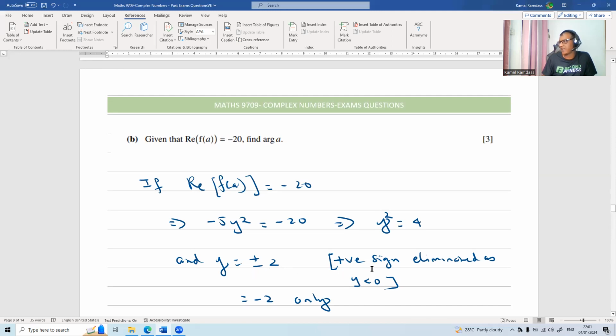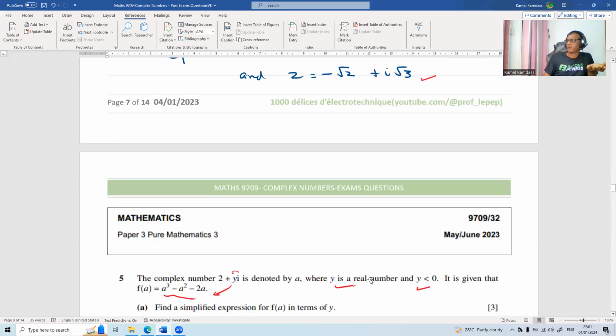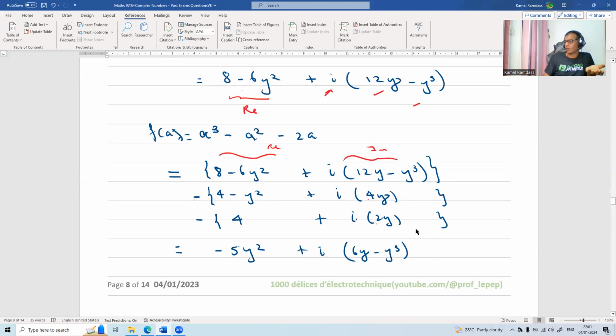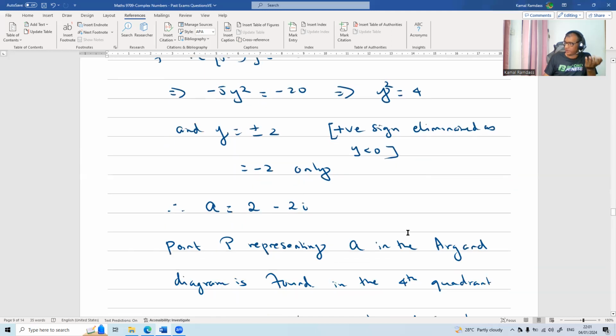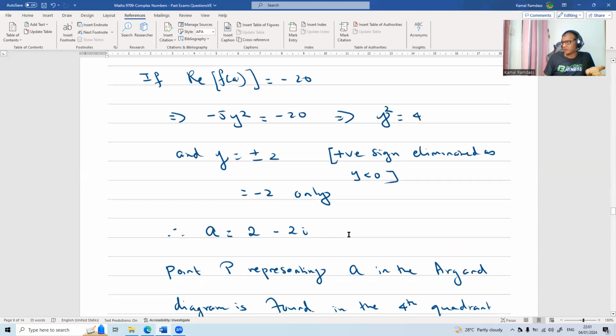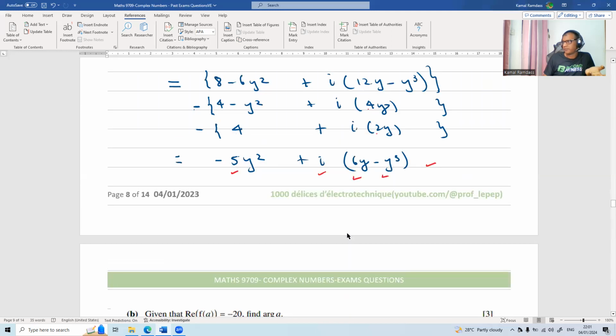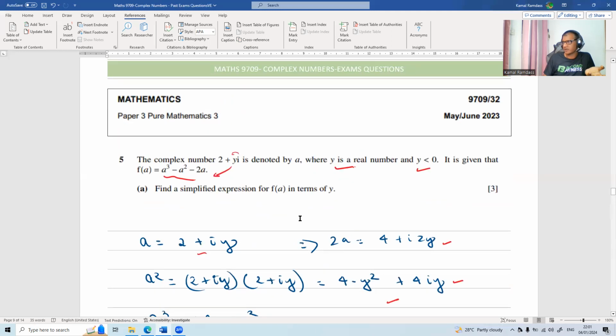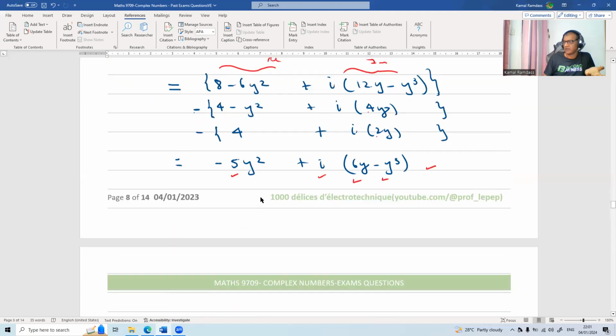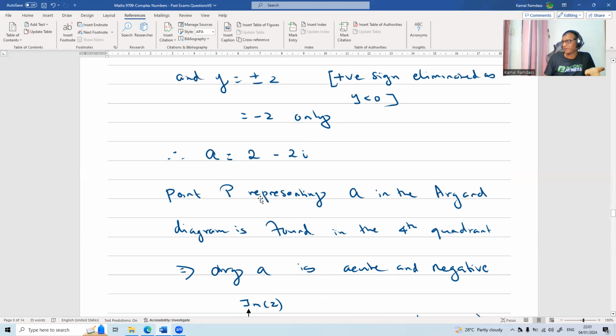But the positive sign eliminated as y less than 0. Il mentionné là-haut. Y less than 0. Ça veut dire y is equal to minus 2 only. And a is equal to 2 plus iy. OK? Ça veut dire 2 minus 2i.